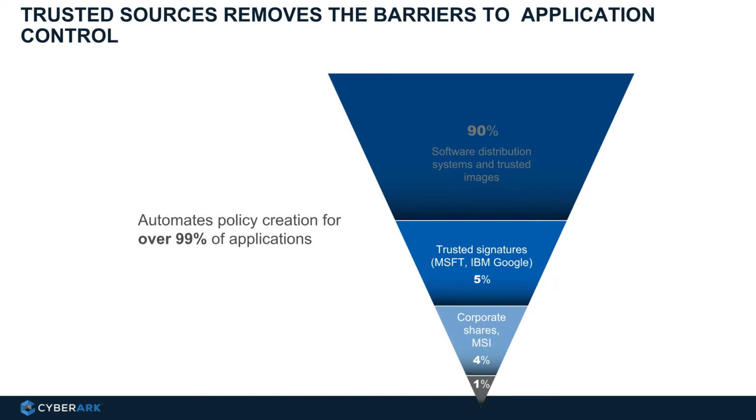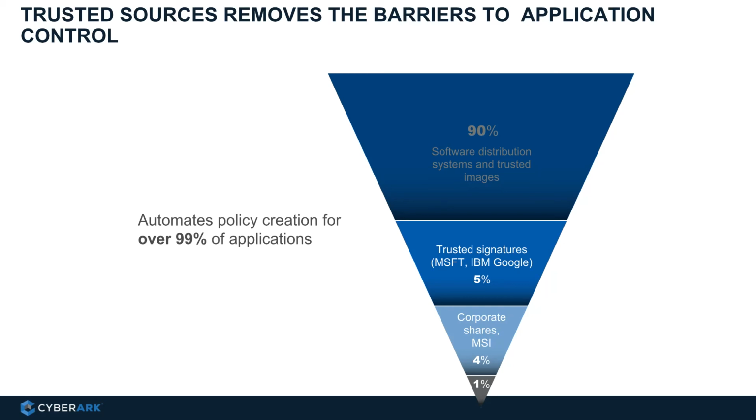If you have an internal SCCM server or internal software distribution solution, we can trust that software distribution solution so that anything that comes from there, we're going to say, hey, this is okay. We can also define that as particular network shares within your environment. You can define specific shares where you can host software, and as long as a user installs from that location, we're going to go ahead and allow it.